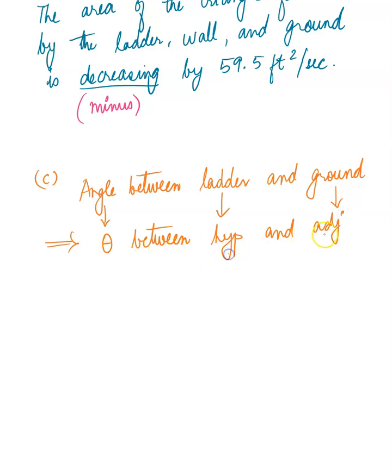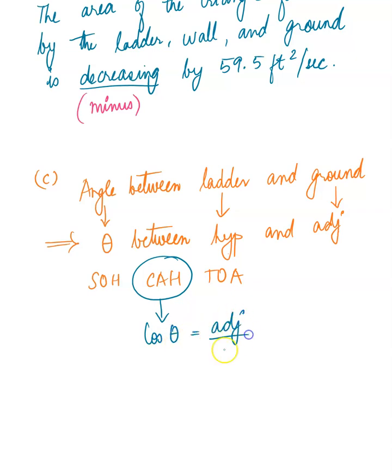So hypotenuse and adjacent, we know that in SOH CAH TOA, CAH is the winner. So we know that cosine theta is adjacent over hypotenuse. But we know that the hypotenuse is the ladder, which is 13, and the adjacent is our x, the base.